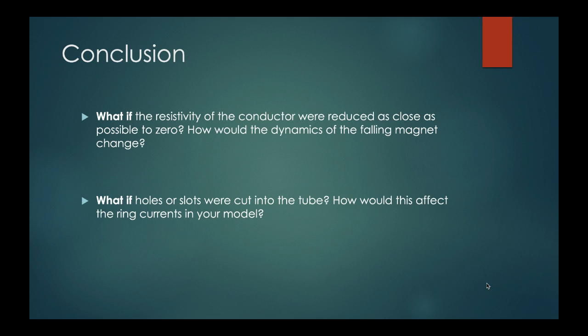And the resistance would be so high that no current could flow through those sections where there were holes. So this would just reduce the induced magnetic force, causing the magnet to fall faster.